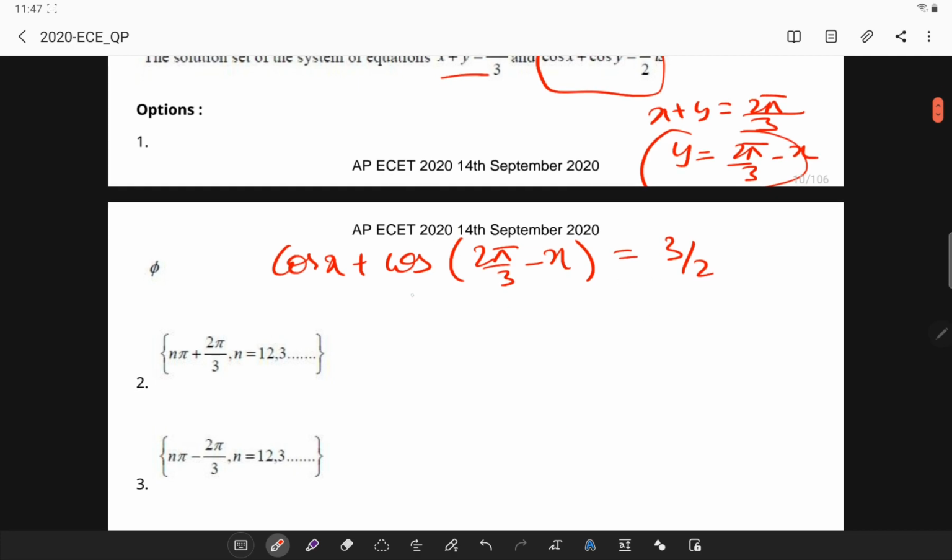So if I apply the cos a plus cos b formula, it will be 2 cos of (a plus b) by 2 into cos of (a minus b) by 2.